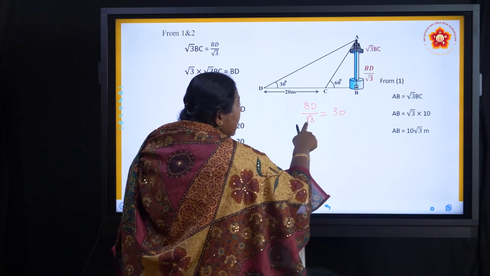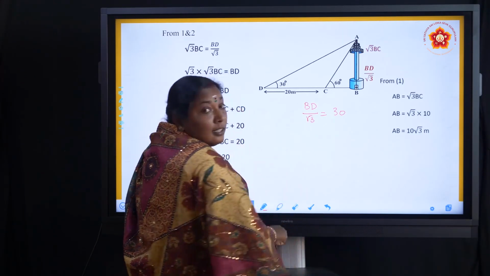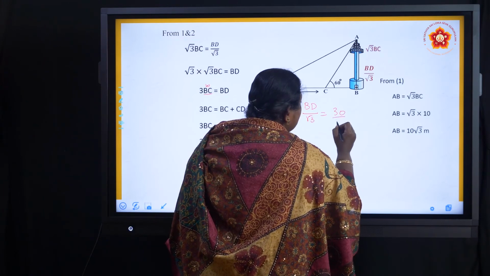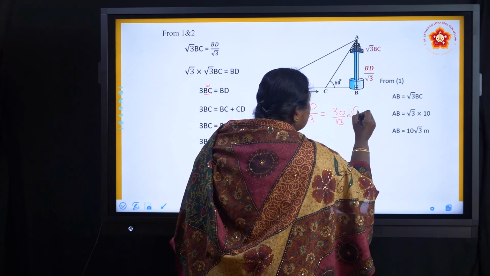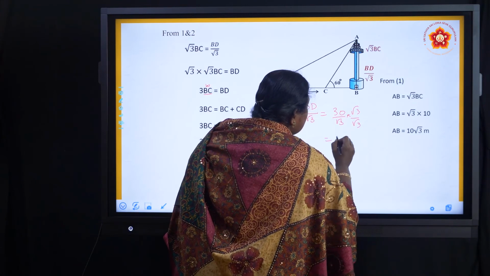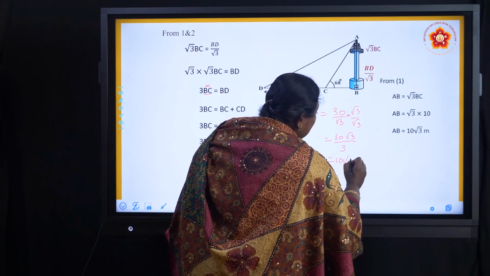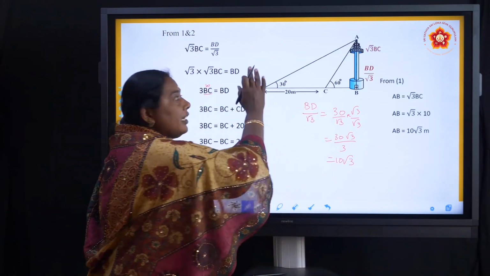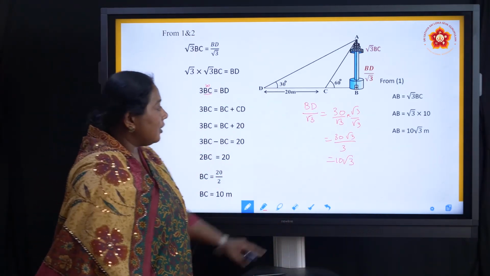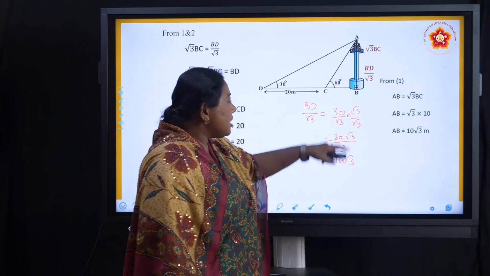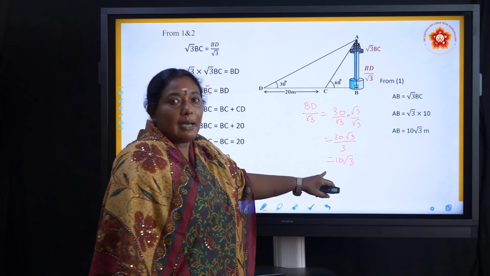Because here that root 3 is in the denominator. If I rationalize it, what will I get? 30 root 3 by 3, which is equal to 10 root 3. Apply in whichever, you will get the same answer.